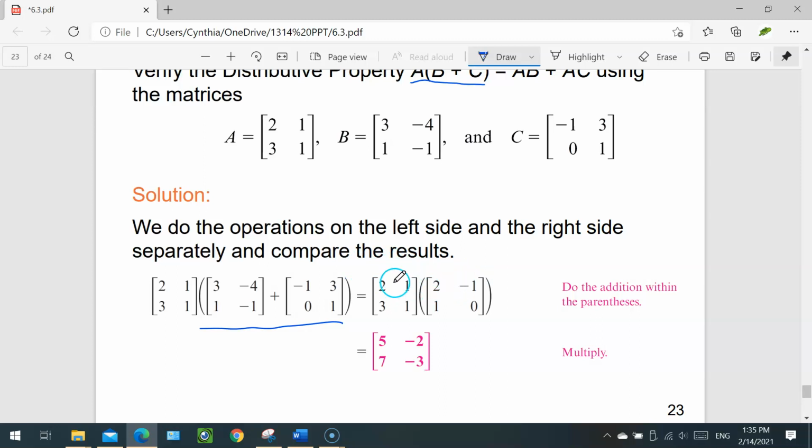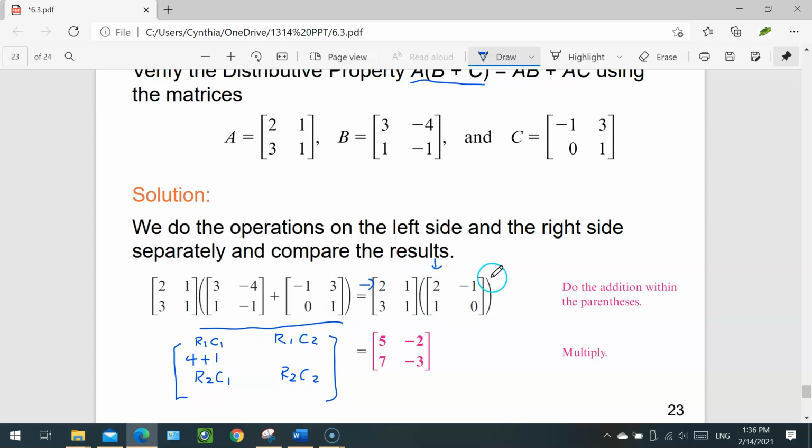Then we start to process the multiplication of matrices. We use row 1 to multiply with column 1. So let me do the procedure here. We put row 1, column 1, row 1, column 2, row 2, column 1, row 2, column 2. Row 1, column 1: 2 by 2 is 4, plus 1 by 1 is 1.